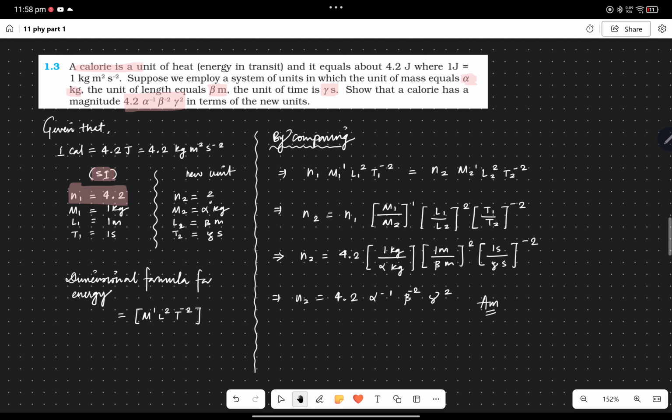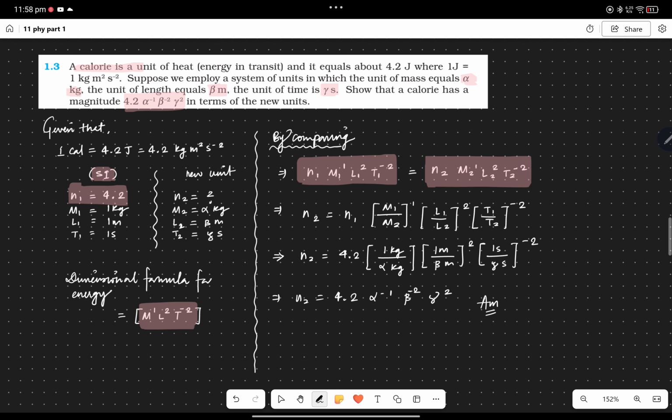Then after that, you have to know the dimensional formula for the energy, that is mass 1, length square and T to the power minus 2, right? And then you have to write the first unit coefficient and its dimensional analysis, then the new unit coefficient and the new dimensions, right?